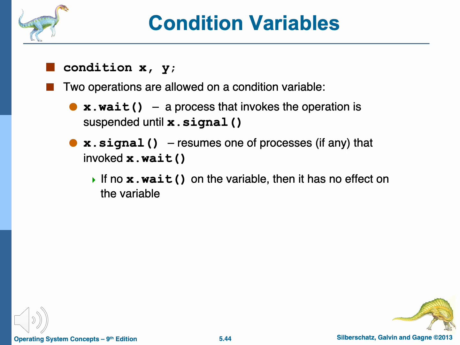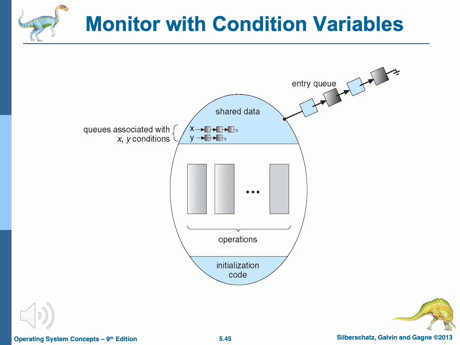The x.signal operation resumes exactly one suspended process. If no process is suspended, then the signal operation has no effect. That is, the state of x is the same as if the operation had never been executed. Contrast this operation with the signal operation associated with semaphores, which always affects the state of the semaphore. This represents the monitor with condition variables.